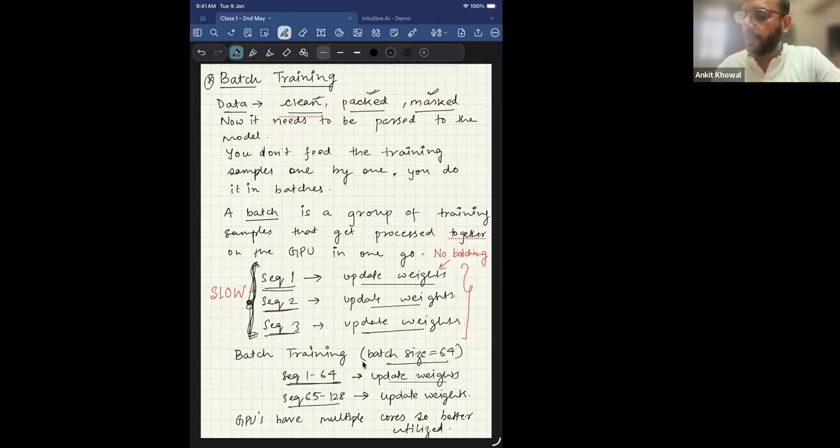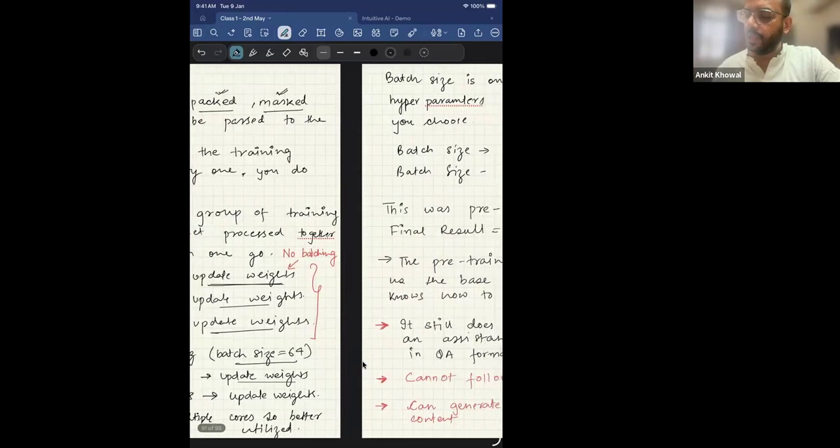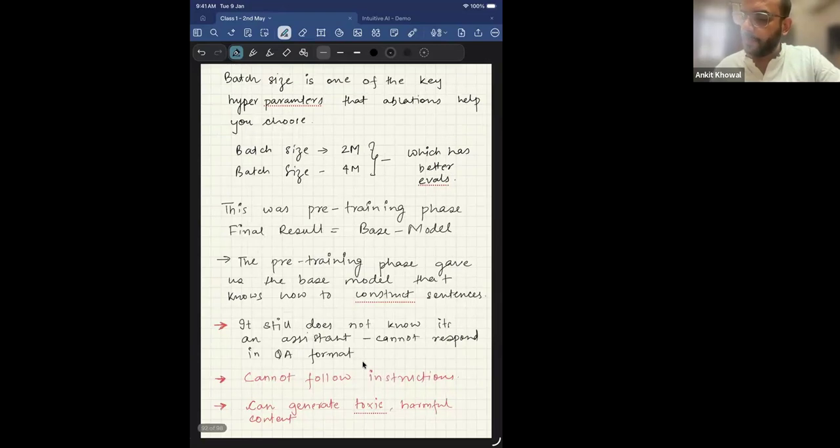Based on that, we will automatically update the weights in one shot. I don't have to do it sequentially because it might become slow, right? Here, if you connect the dots also, we said that we are using GPUs, right? So we have to fully utilize the capacity of the GPU because it has multiple cores. That is why we should send in batches, right? So this is batch sizing.